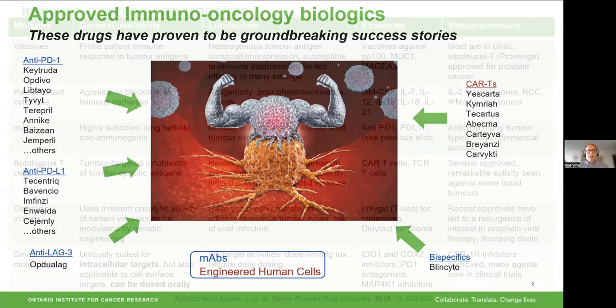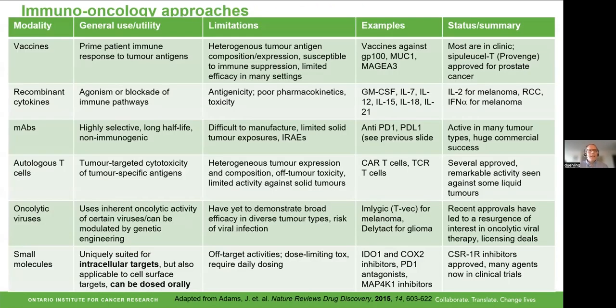But these drugs represent only a subset of the different modalities that are being pursued for anti-cancer treatment. This is a very full slide, I realize, but I wanted to highlight a few of the other approaches. There are vaccines. There's a lot of effort there. Some of the clinical responses have yet to bear out, but we do have at least one drug that's been approved.